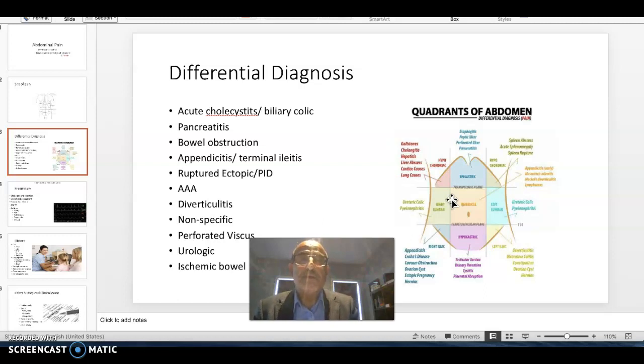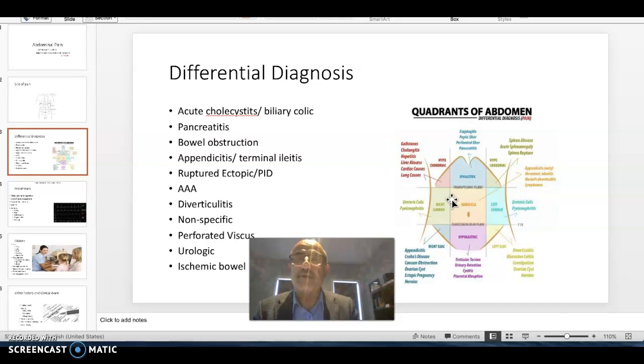So if someone has pain in the right upper quadrant, then the first thing that comes to our mind is the biliary tree and the liver. Diseases of these: gallstones, cholangitis, liver abscess, a large tumor in the liver, anything in relationship to gallstone disease.